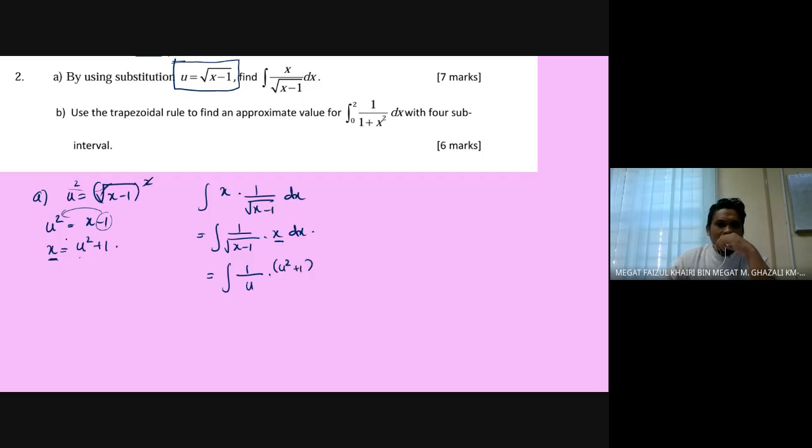And then, wait, from here, u equals square root of x minus 1, so then du equals 1 over 2 times differentiate of x minus 1 to the power of half, minus 1, which is 1 over 2 dx.